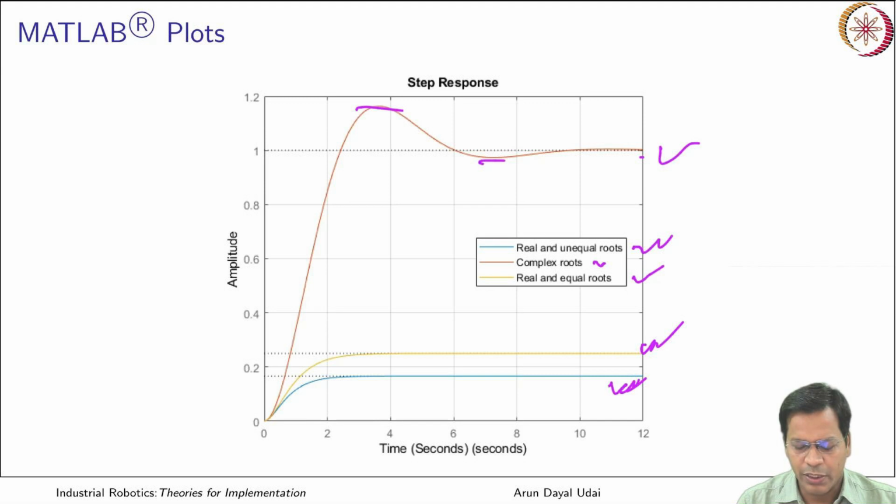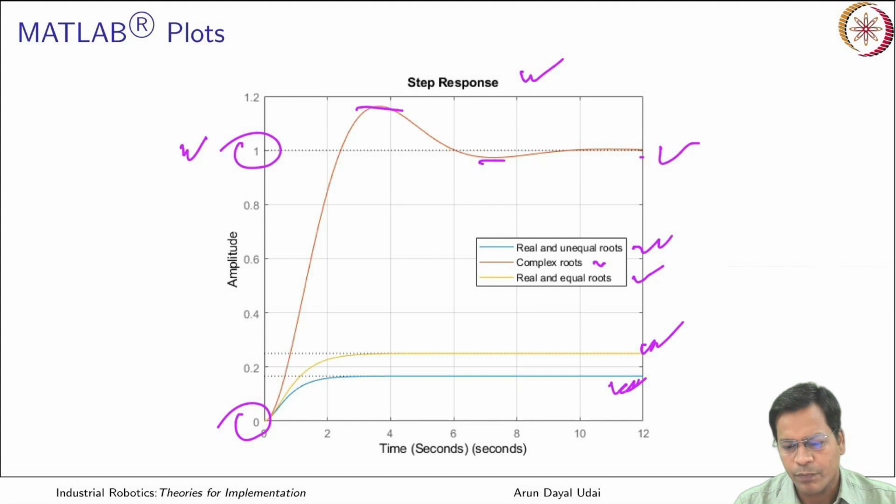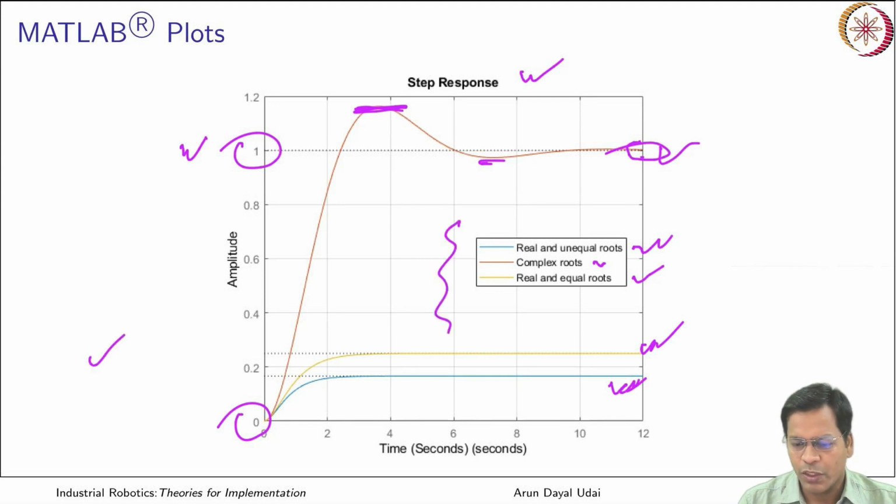This time, you were at rest, that is here. This is the step input response. So the step was just 1 unit. So you quickly reach the 1 which is here, and you just overshoot it, came back, ultimately you settled somewhere over 1. For different roots, this is the thing which will basically define your system, and this is the behavior of your system. So these are the MATLAB plots.